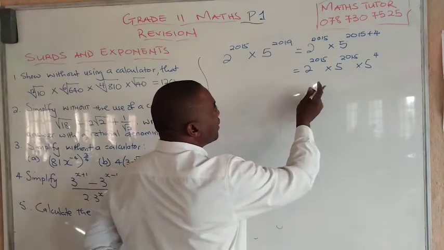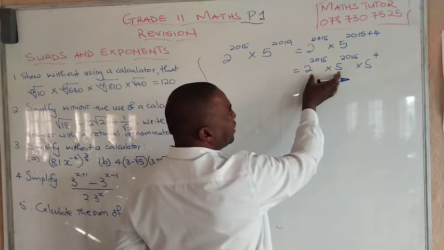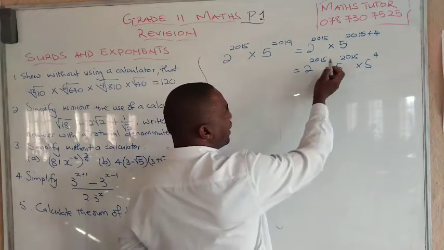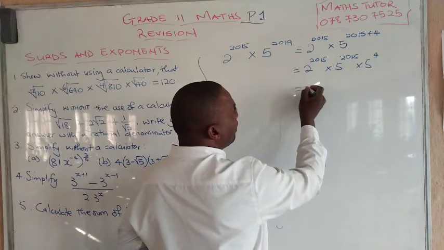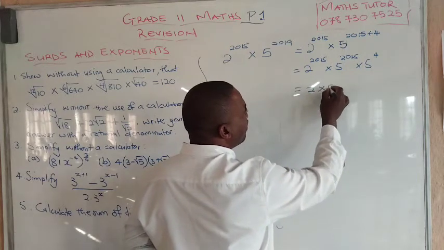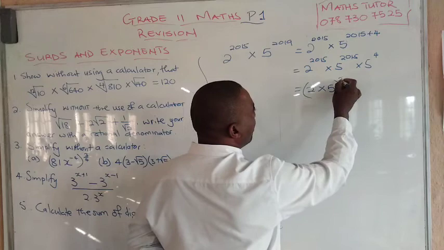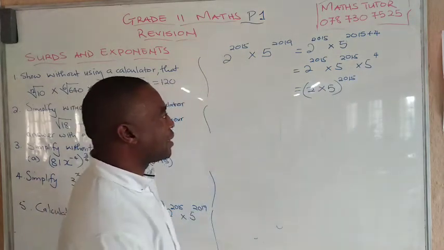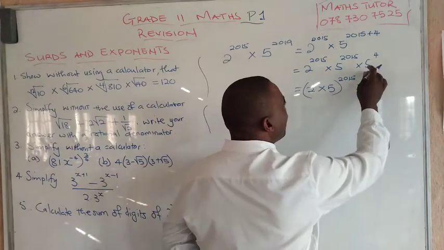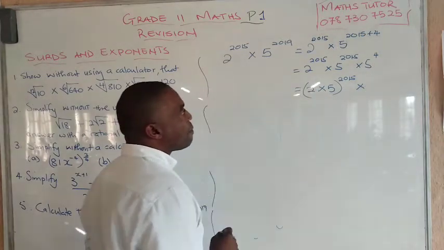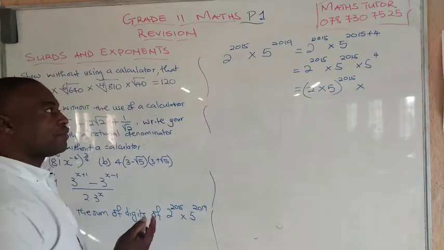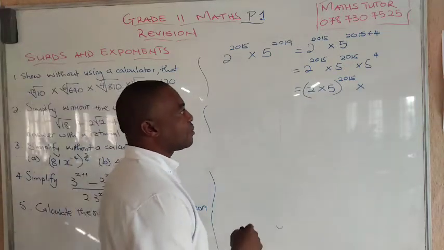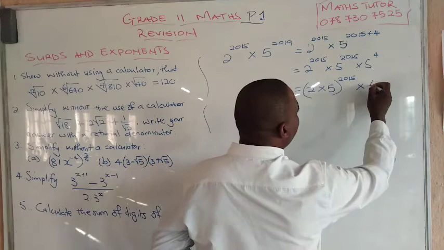And now, these have the same exponent. So we can write this as 2 times 5 raised to the power 2015, and then times 5 to the power 4. 5 to the power 4, that's 5 times 5, 25 times 5, 125 times 5, 625.